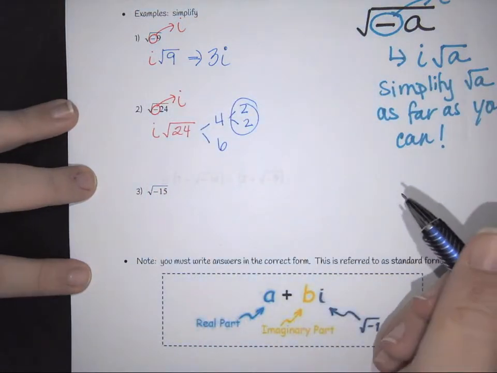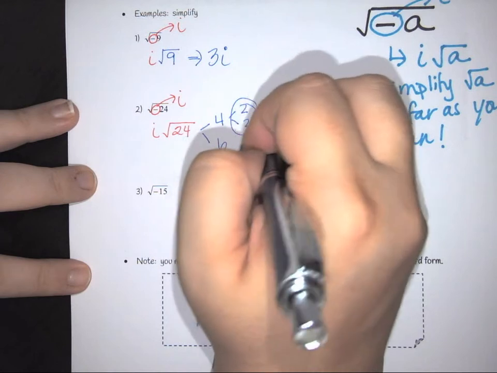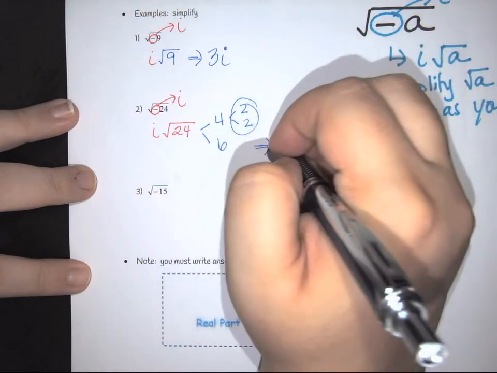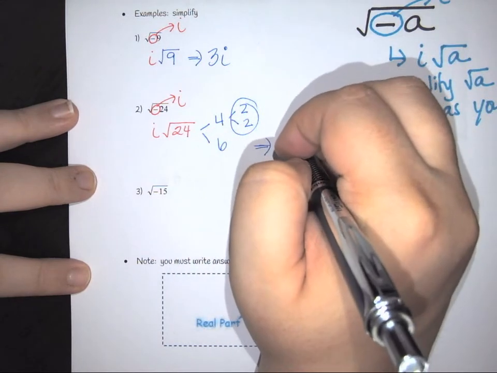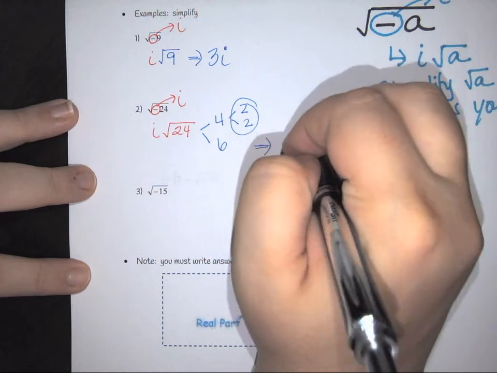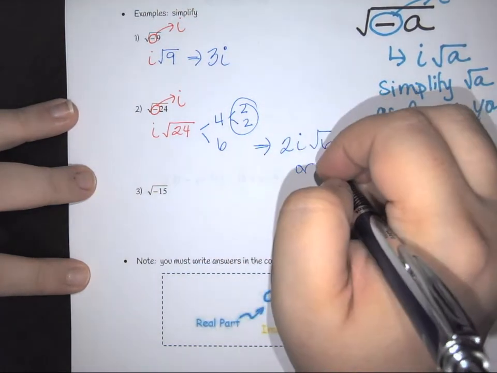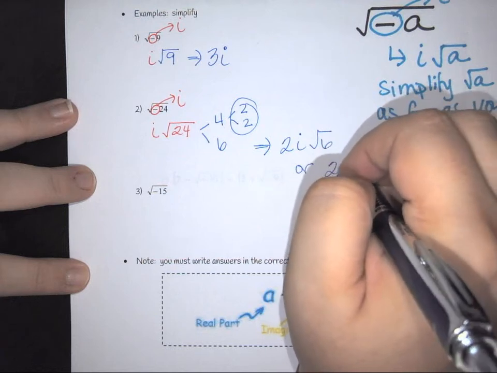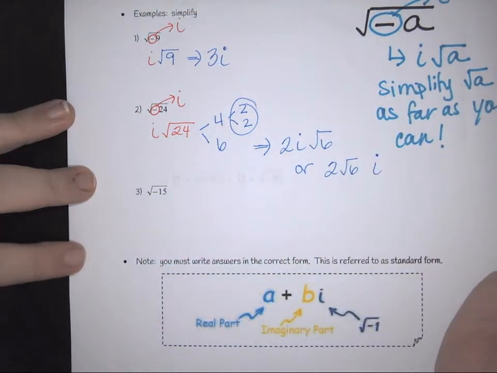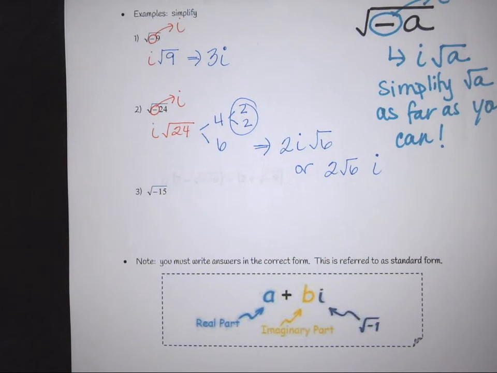So what actually happens is this is going to give me 2i square root of 6, or you can write it 2 square root of 6 i. Either method will work, especially in Hawks.